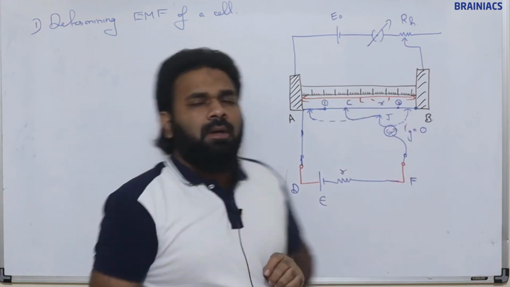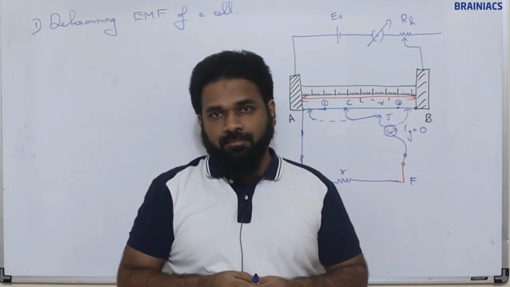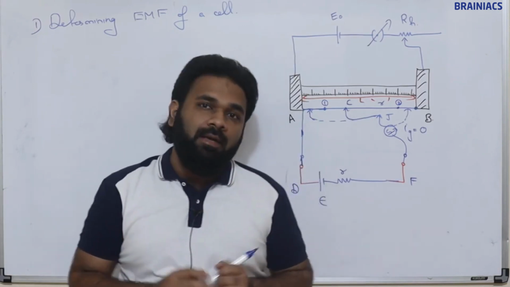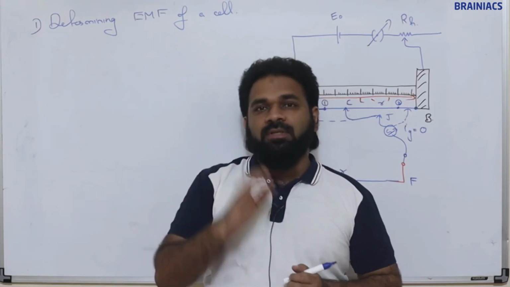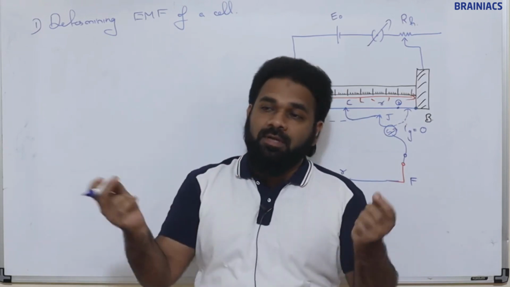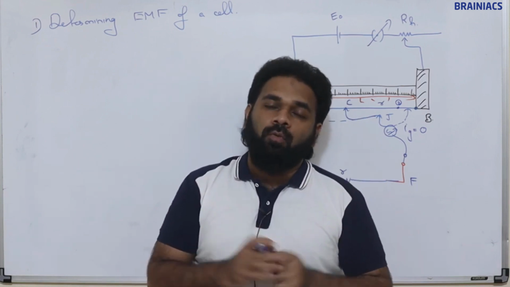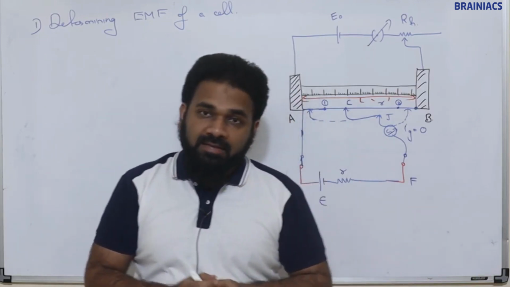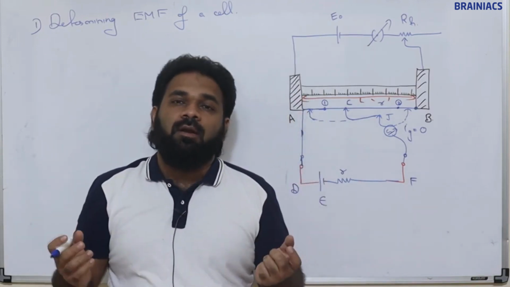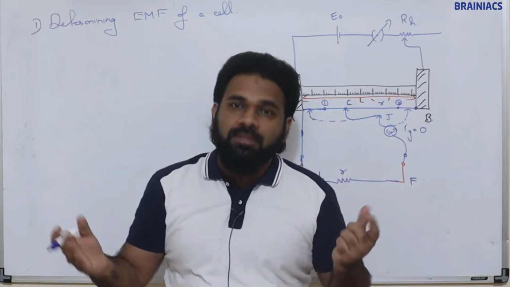Now we have studied terminal potential difference. We have studied it in detail about the cell. When no current passes through the cell, what is the voltage across the terminals of the cell? Or we can say when no current is coming out of the cell, what is the terminal potential difference?